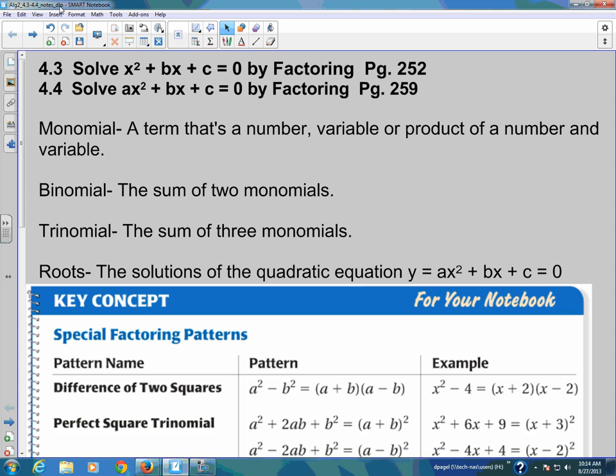Within each of these, when we talk about solving a polynomial, we're looking for some solutions. And specifically, one of the types of solutions we'll be interested in is when our polynomial is equal to 0.